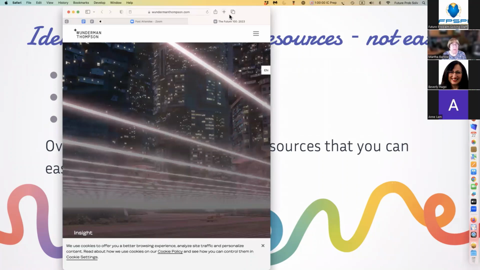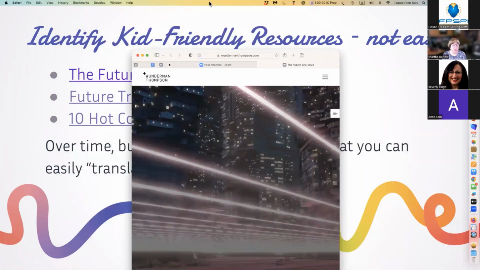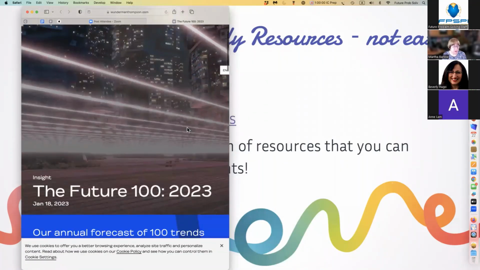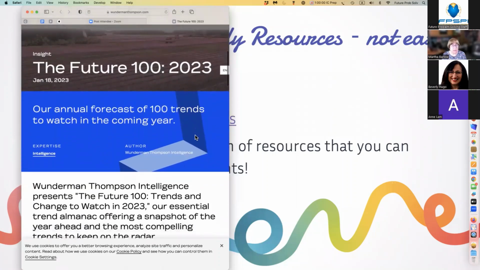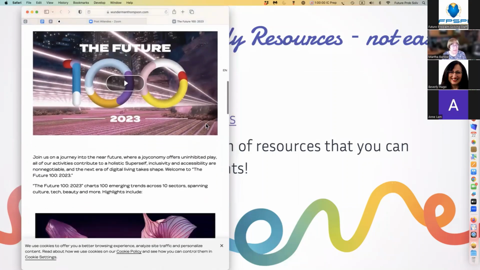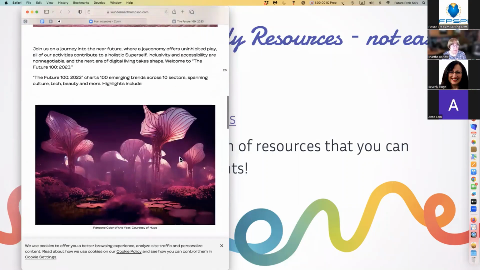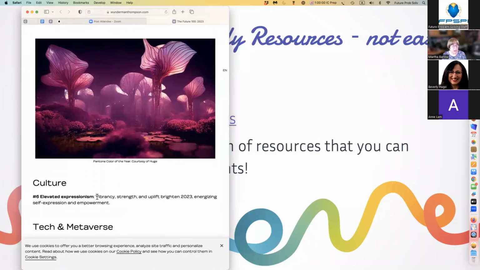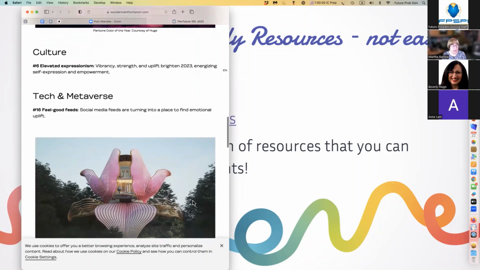So this is the Future 100 2023. This organization comes out with this. Last year I had the Future 100 2022 and they were different. But then they have these little things like culture, elevated expressionism, tech in the metaverse.